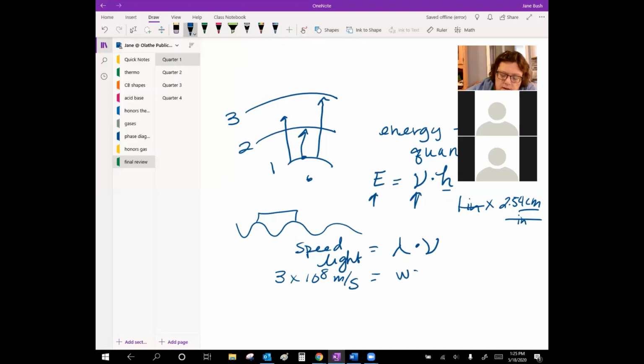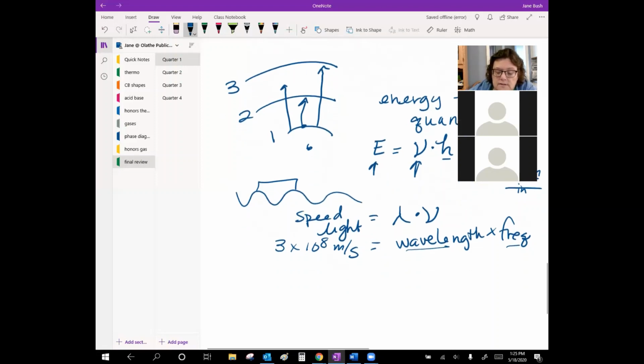So wavelength times frequency is going to equal the speed of light. And now you can solve for either frequency or wavelength, given whatever you're given. If you need to do energy and you're given wavelength, first you're going to have to figure out frequency, and then you have to plug frequency into energy.